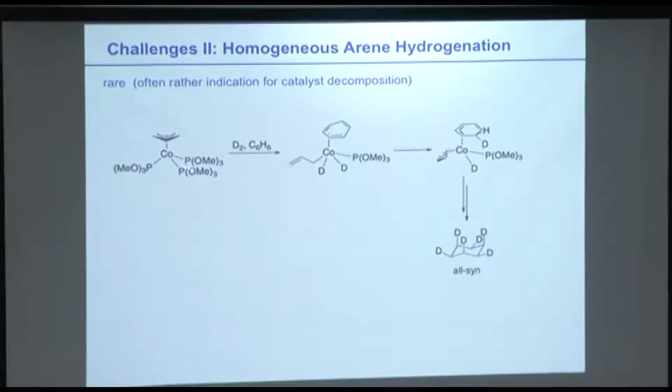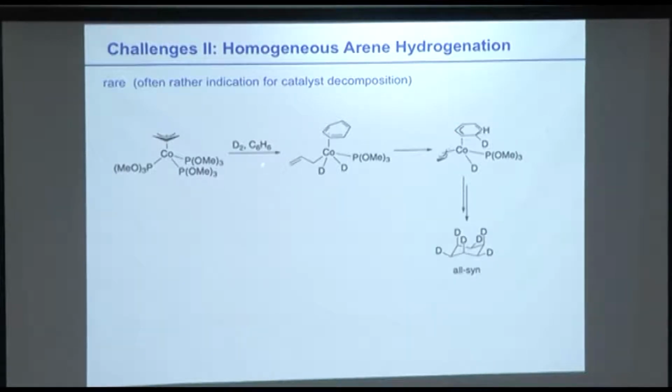Now, to show whether you have a heterogeneous system, the best way to go is to use deuterium rather than hydrogen. If it is homogeneous, your deuterium is constantly attacking from the same side.